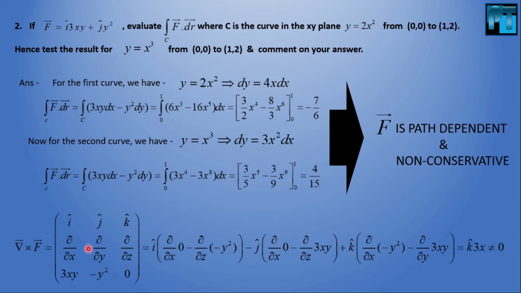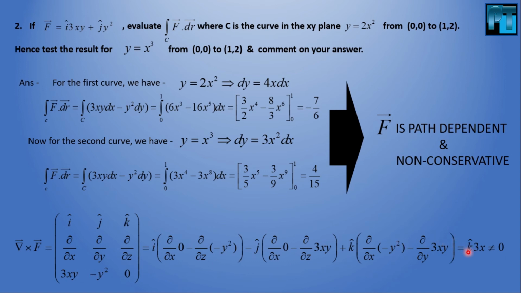Now see, i cap, del del y of 0 minus del del z of minus y squared. So the x component is 0. Minus j cap, it is del del x of 0 minus del del z of 3xy. Again, nothing there. Plus k cap, del del x of minus y squared, 0, minus del del z of 3xy.